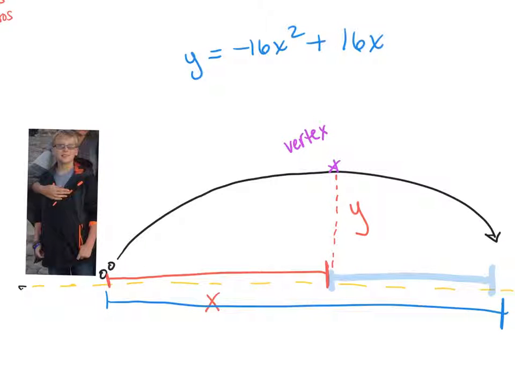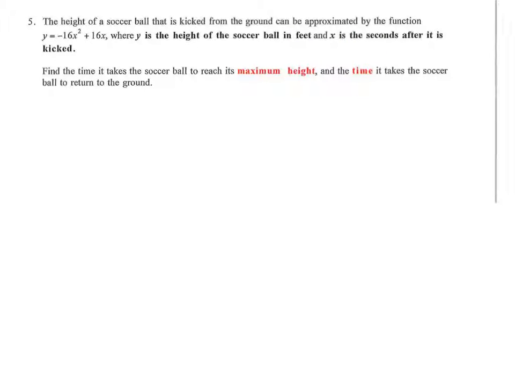So you're seldom going to have to create these equations. They're going to be given to you. But anytime you have a quadratic function, it is telling you that it is a parabola shape. So let's look at some real applications.